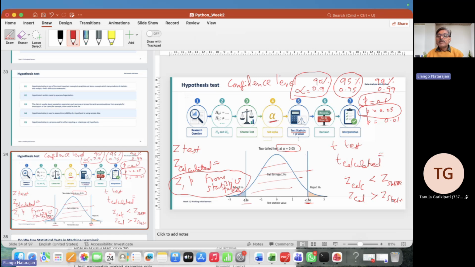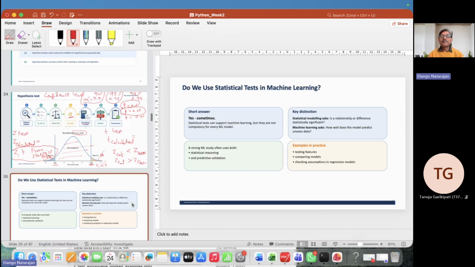When it is not less than the value 1.96, then you will reject it. That means this is the reject area. So you find your t calculated and see what it is. If t calculated is 2, then you reject your hypothesis. That means your hypothesis is wrong. Your claim is wrong. Not good to proceed. So this is what we do in statistical analysis.